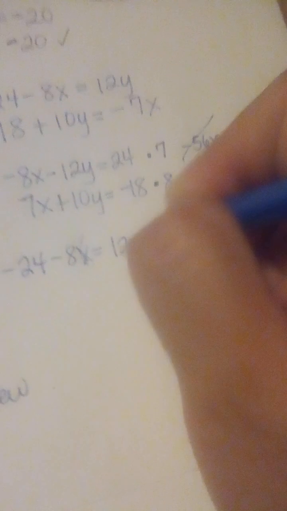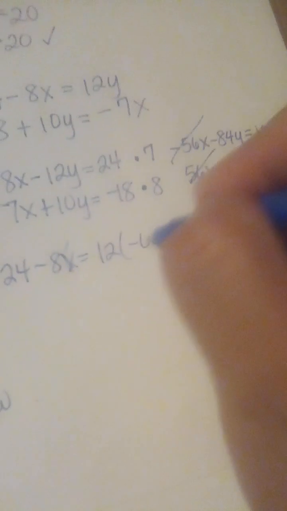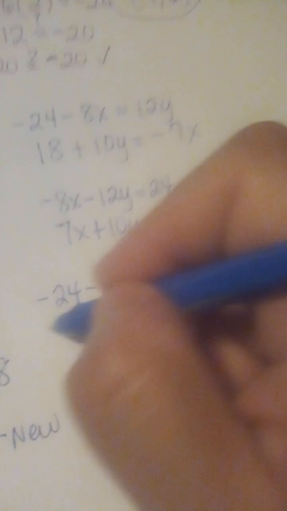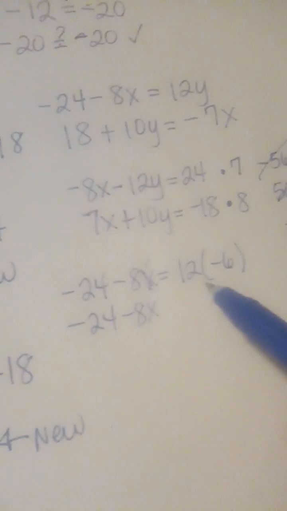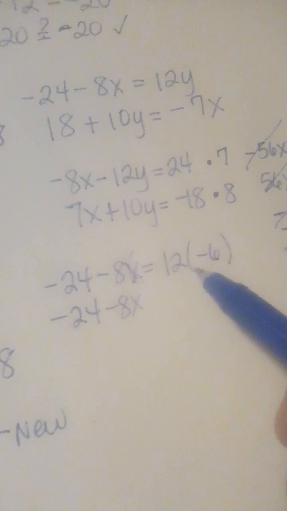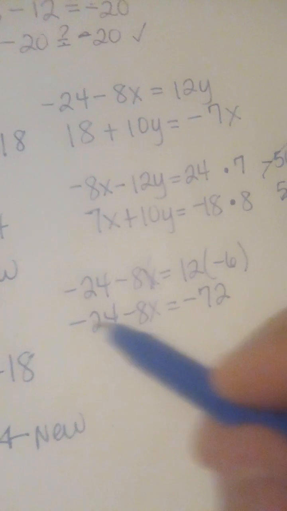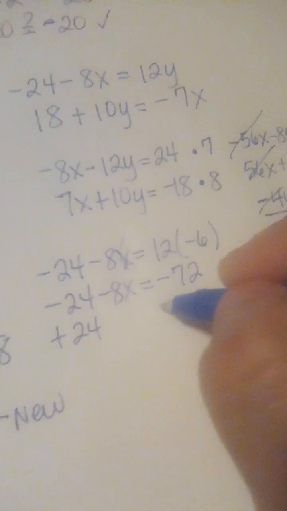We're solving for x. Then I do this. What is 12 times negative 6 is a negative 72. And then we add 24 to both sides of the equation.